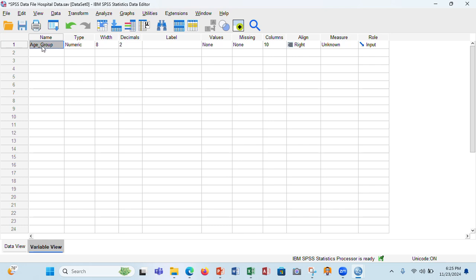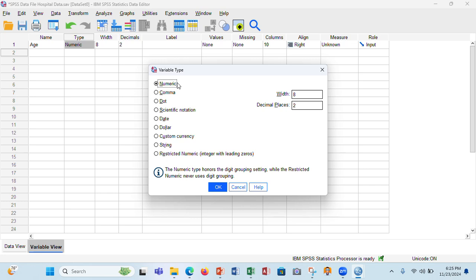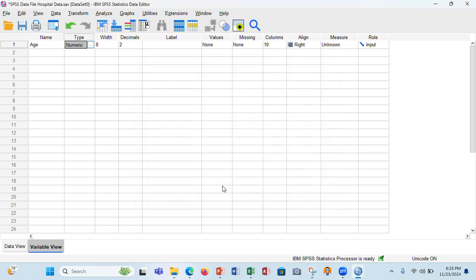For this case, we are going to use the word age. Then we ask ourselves, is this going to be numerical data? Yes, this is going to be numerical data. Of what width? Width here means the number of significant figures or place values that age has.